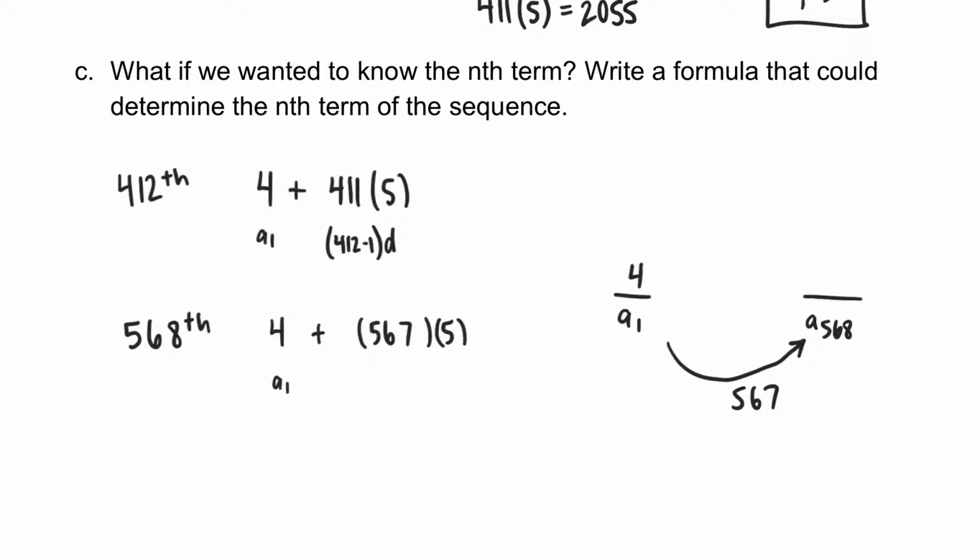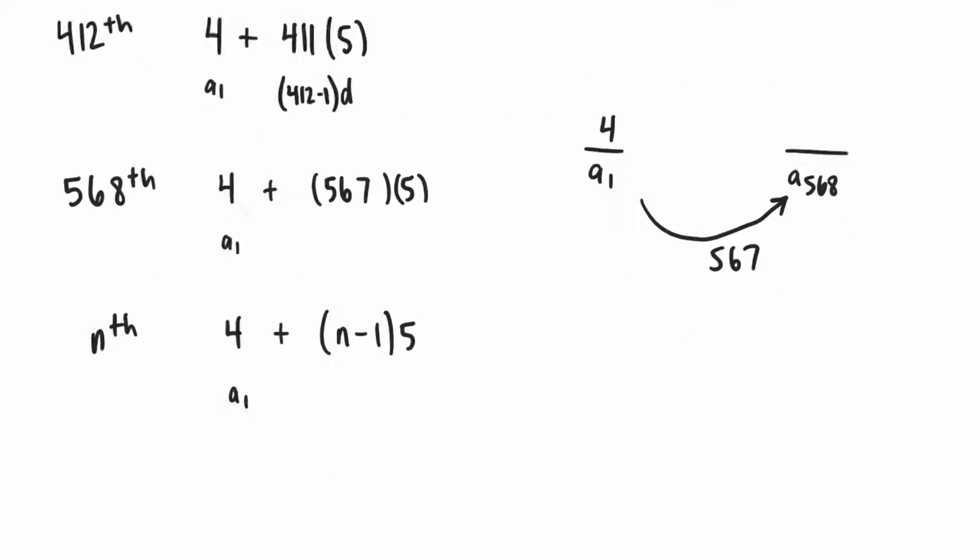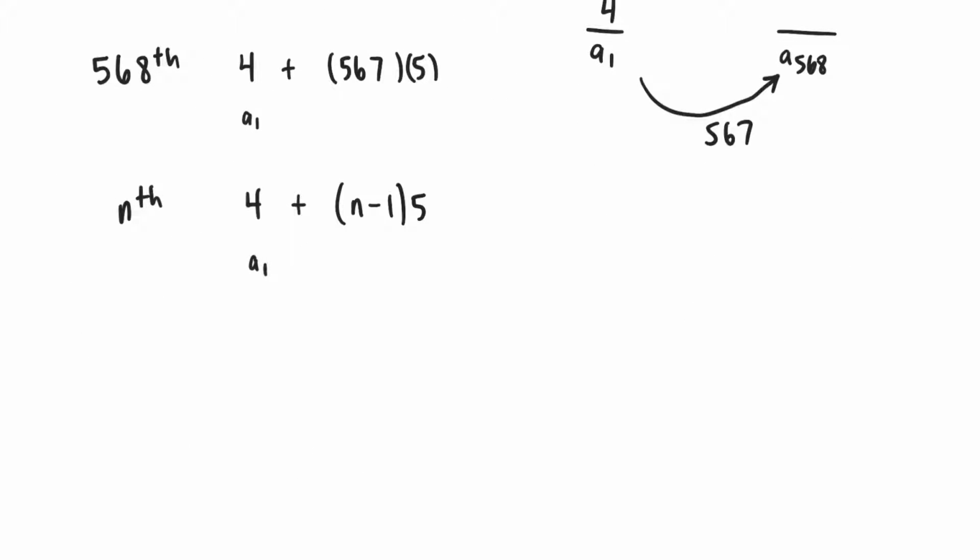So here's the question: if I was on the nth term, what would I need to do? I would need to take 4, which is the first term, and add n minus 1 times 5. That's your answer: 4 plus (n minus 1) times 5. If you would like, you can distribute the 5.